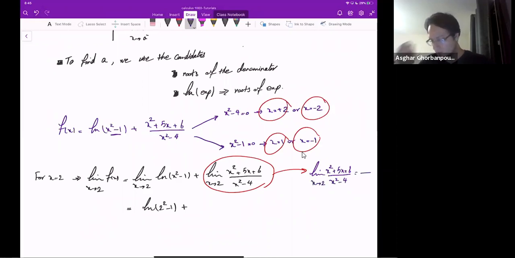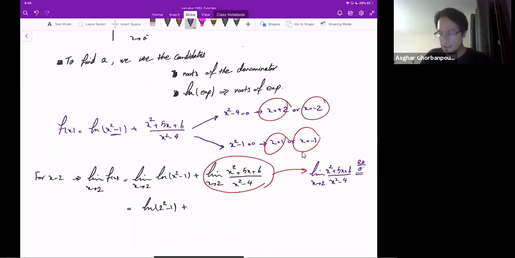This is very nice, I don't need to separate it. In the numerator, I get 4 plus 10 plus 6, which is 20, over the denominator, which goes to 0.